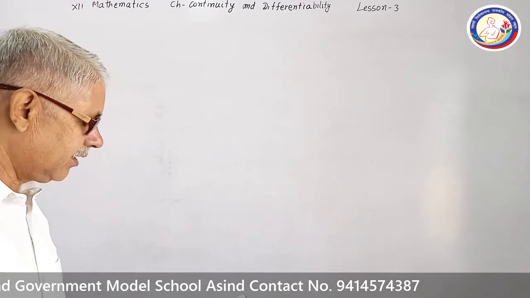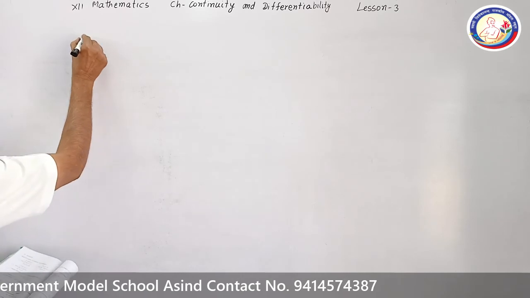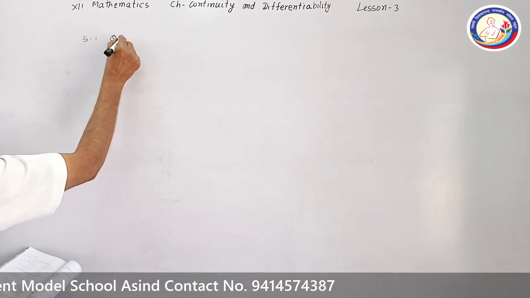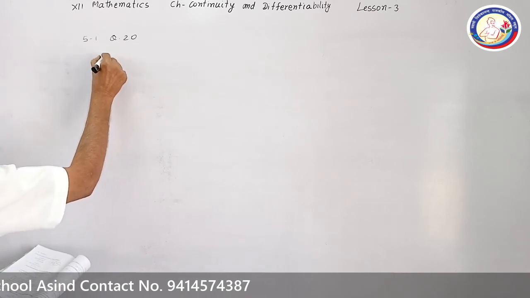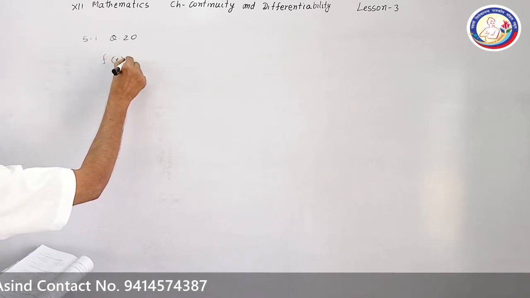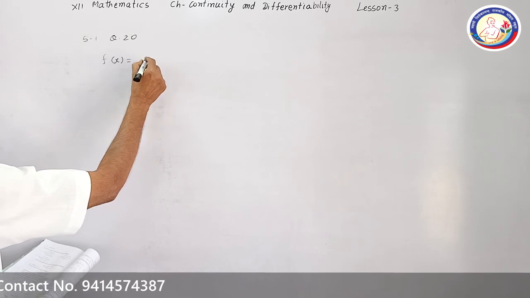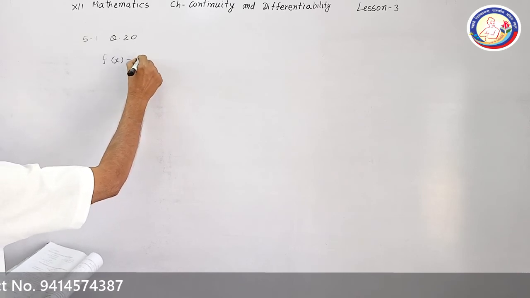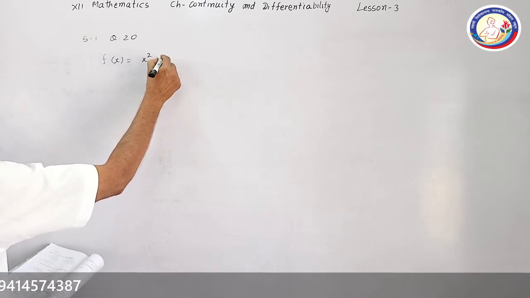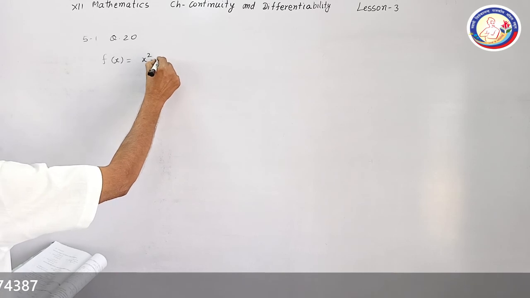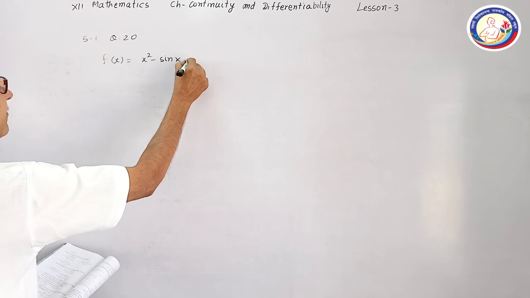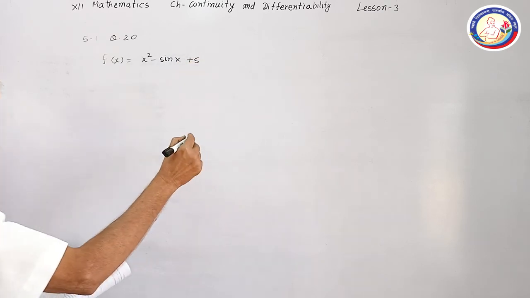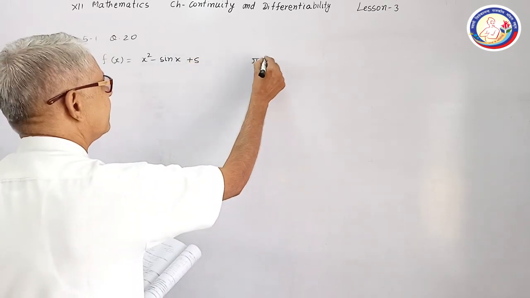Just say question number 20. It is given x square minus sin x plus 5, whether it is continuous at x equal to pi.